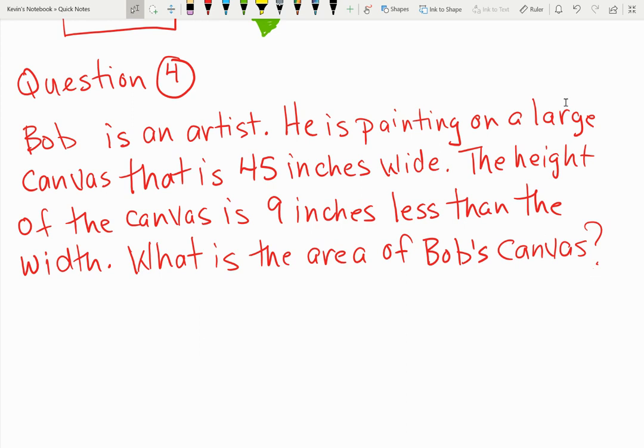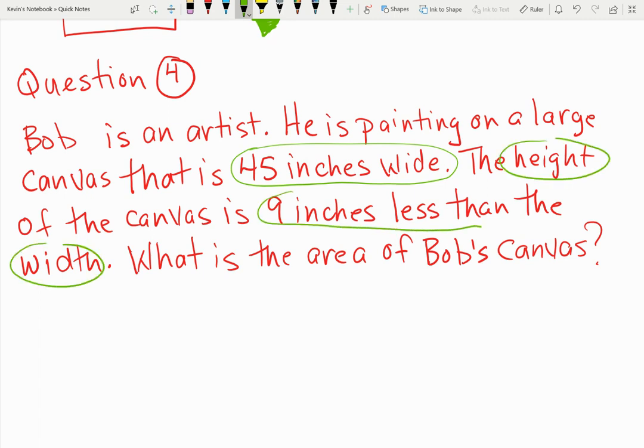So let's do our cubes. Again, let's circle some information we know. His painting is 45 inches wide. So I will get my pen going. 45 inches wide. The height of the canvas is 9 inches less than the width.